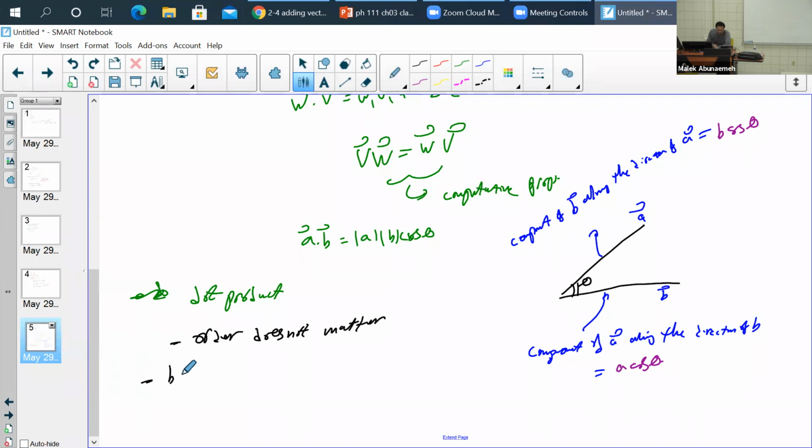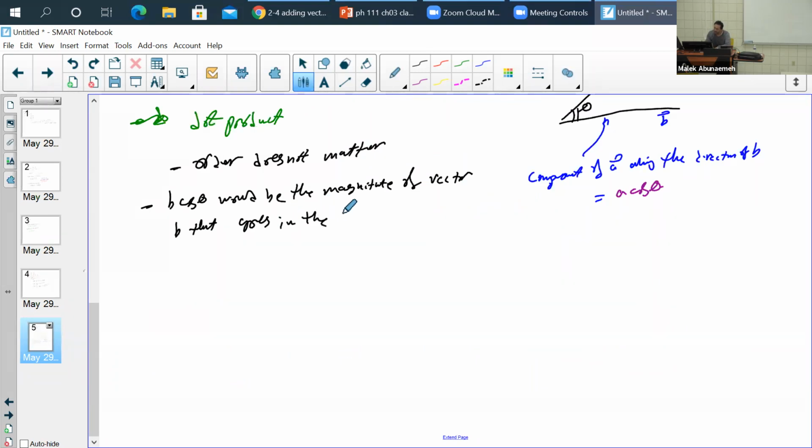Now, your B cosine theta would be the magnitude of vector B that goes in the direction of A. And vice versa.